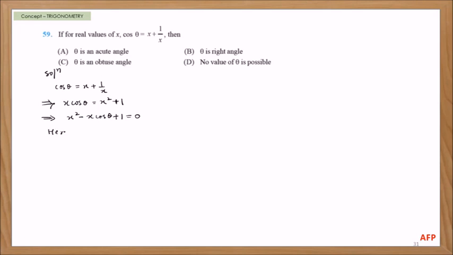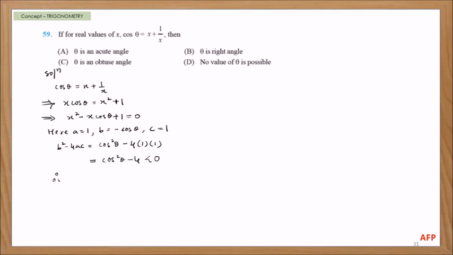So here a is equal to 1, b is equal to minus cos theta, and c is equal to 1. Okay, so b square minus 4ac value we will find. So cos square theta minus 4 times 1 into 1. This implies cos square theta minus 4. So it is always less than 0.